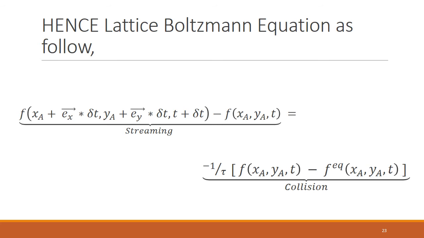Tau is the relaxation time, meaning how long it takes a particle to relax. f equilibrium means every particle has an equilibrium state. That is a special equation that calculates the state of equilibrium for each and every point. So the first part is streaming, the second part is collision. It's like back and forth happening, streaming and collision.